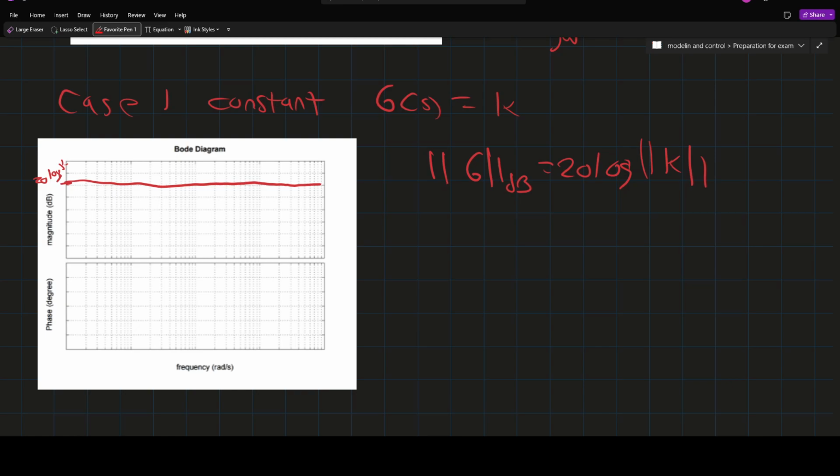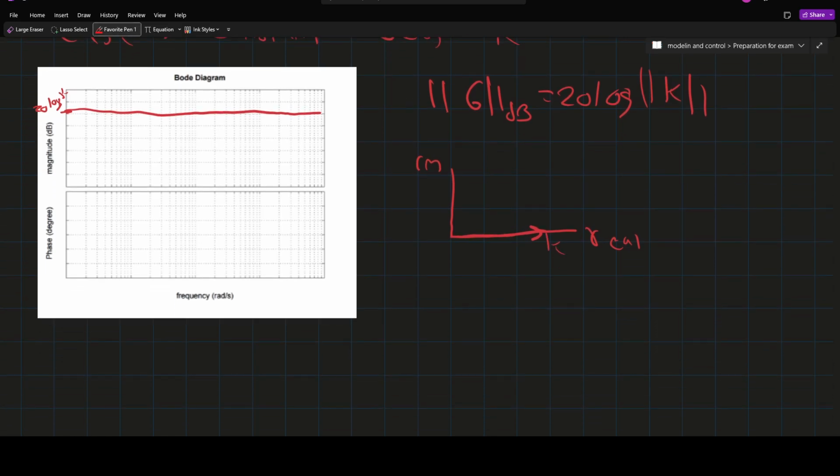And in terms of the angle, if we have here the plane, and this is the real and imaginary, you can see that when we have just a constant, we don't have imaginary parts, so the angle is just gonna be 0 for the vector k. And also when k is negative, when k goes this way, we can see that the angle is minus 180 degrees.